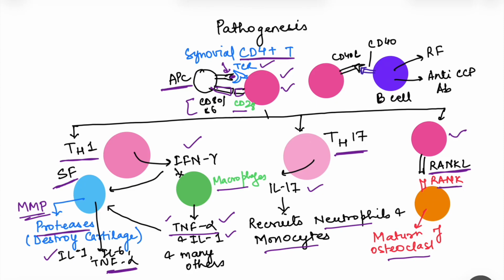So this is a receptor, okay. So this is a T helper cell which was presented. Now, this RANK ligand interacts with the RANK present on the osteoclast. This leads to maturation of the osteoclast, which leads to bone lysis. So, I told you there is bony erosions, isn't it? So, that is because of the maturation of the osteoclast.